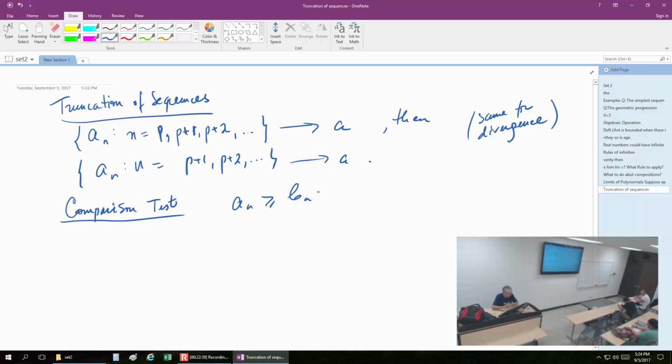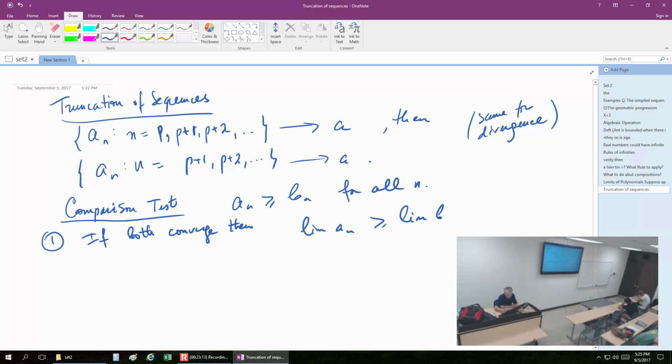One is larger than the other, and then if we know about convergence of one of the sequences, what can we say about the convergence of the other? So we assume this, and now number one, if both converge, then limit a_n is larger than or equal to limit b_n. Something very predictable.